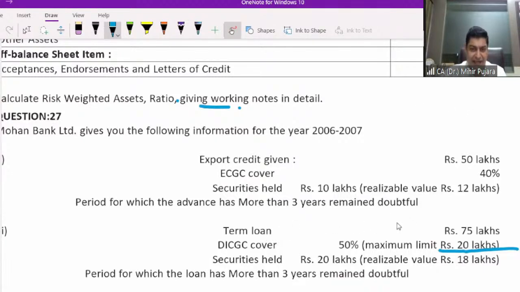So when you find out regarding term loan A, B, C, D, E, the DICGC cover will be 50 percentage of outstanding amount, but that 50 percentage cannot exceed 20. So maximum it is 20. You can't write more than 20. That is the meaning. And security is 20, realizable is 18, and it is also more than 3 years.